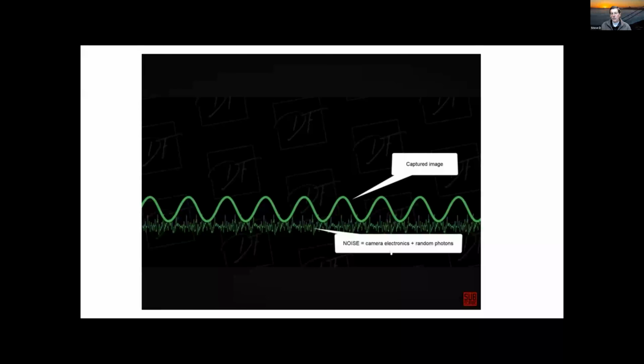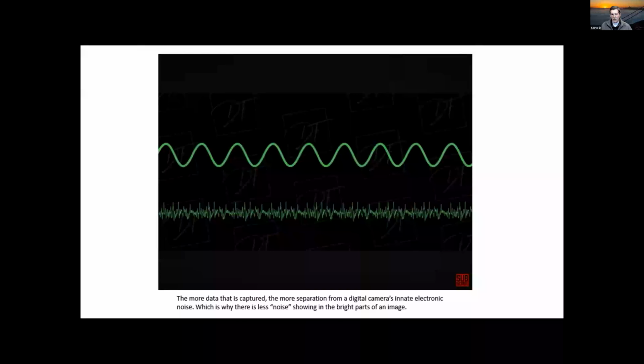Now, if we can boost the signal, we get more photons, and we have an increased signal to noise ratio. Eventually the data that we're capturing covers that noise and we don't see it. And that's kind of why we don't see as much noise in the brighter parts of an image. And the noise we do see tends to be in the darker parts of the image.